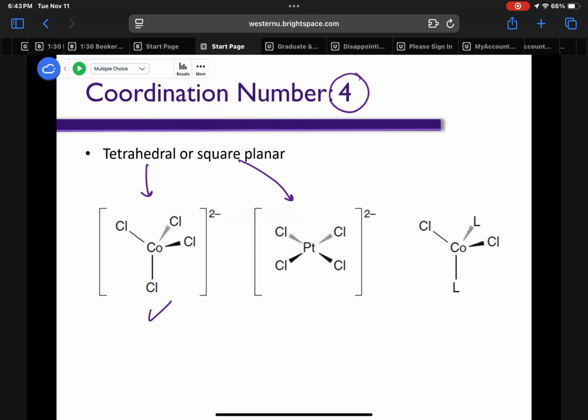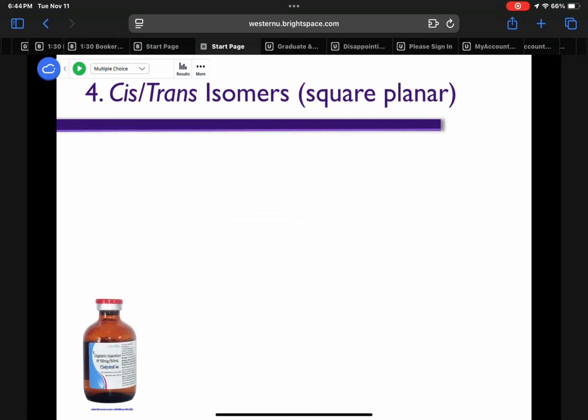These two structures would be isomers. We can't overlap them perfectly. They're different molecules. So if we have a square planar structure, we could end up with cis-trans isomers. Not possible with tetrahedral, as we just played with our model kit, but certainly possible for square planar.